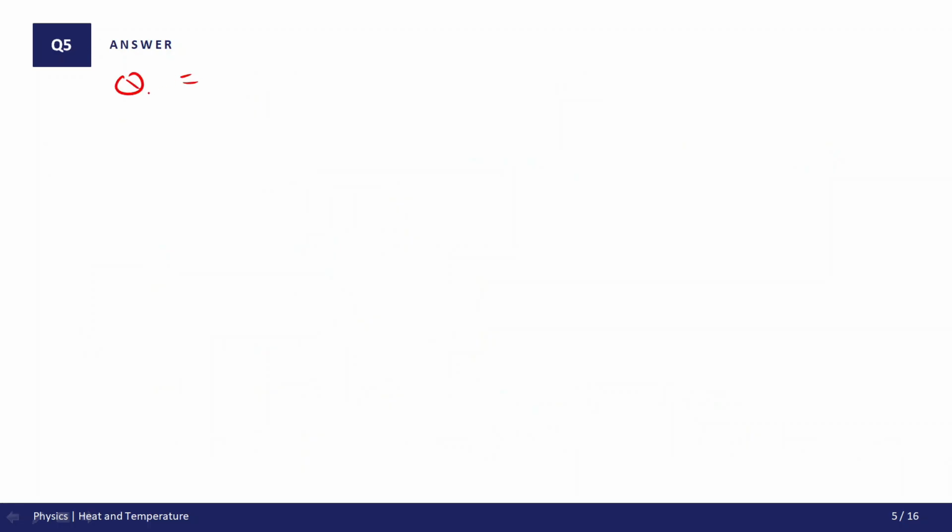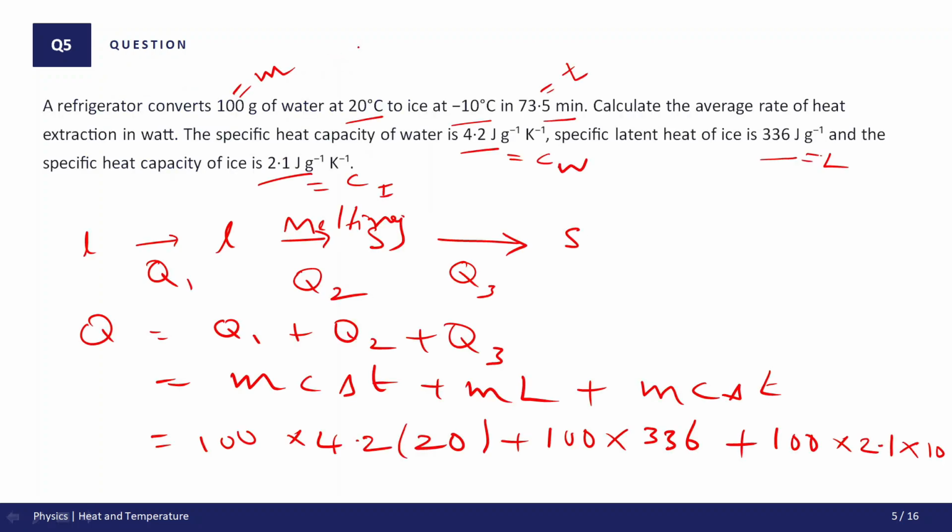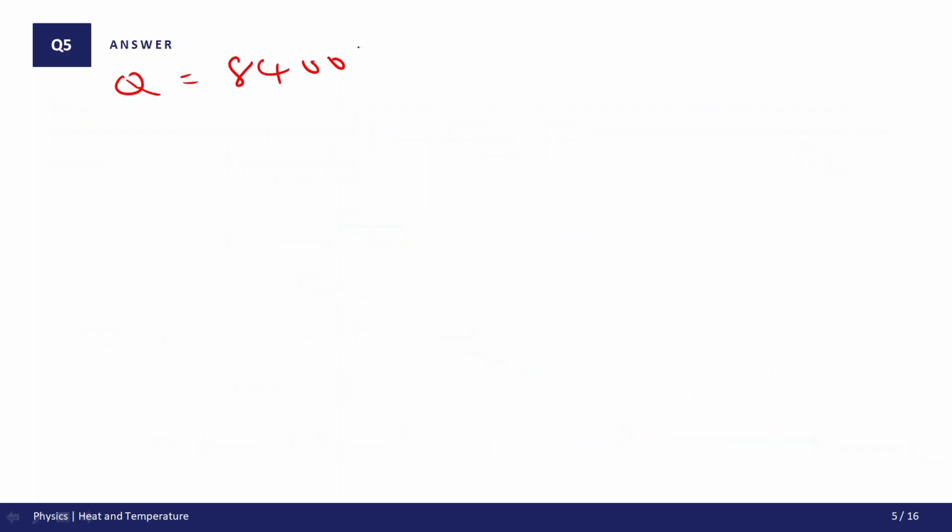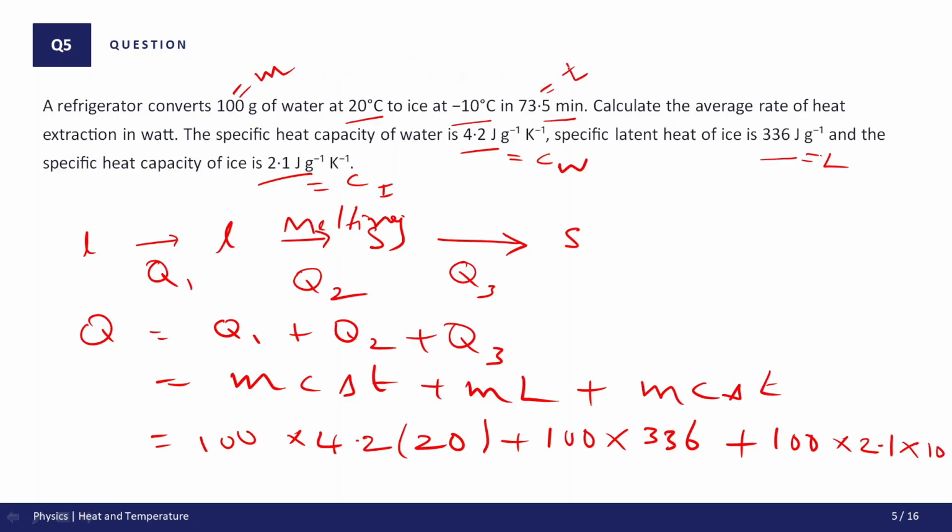Q equal to 8,400 and the next one plus 33600 plus the next one is 100 into 2.1 into 10, 2100.